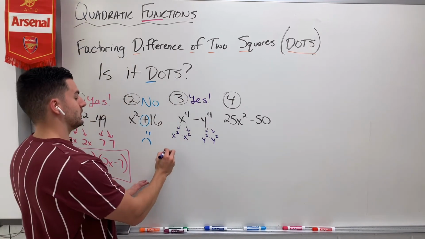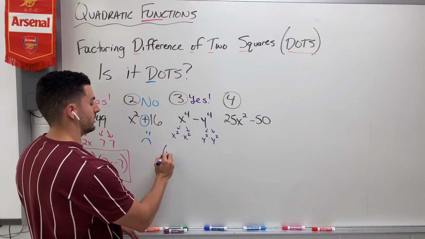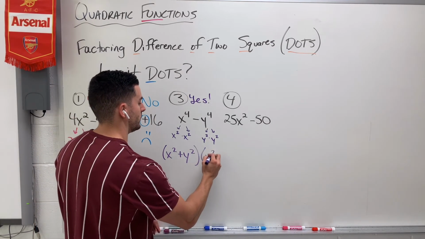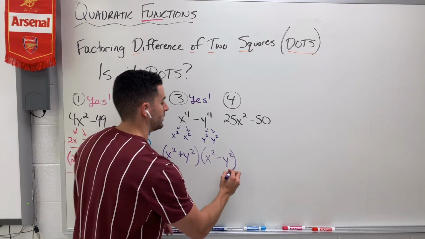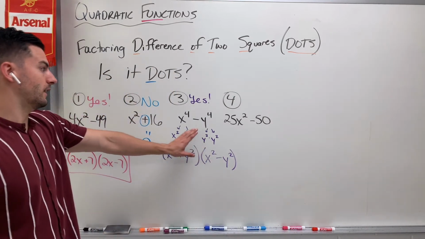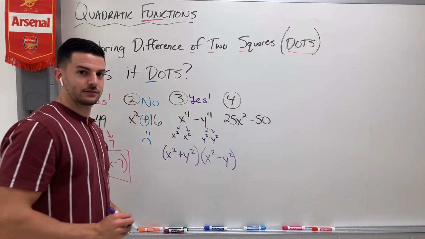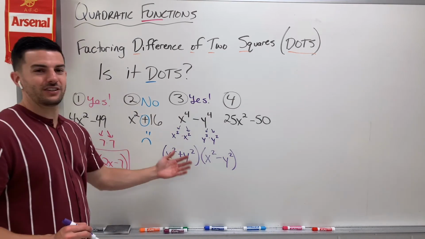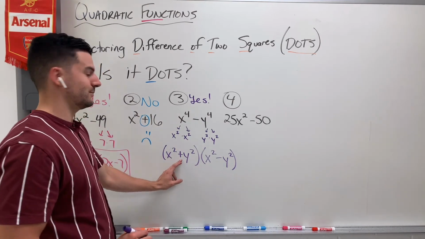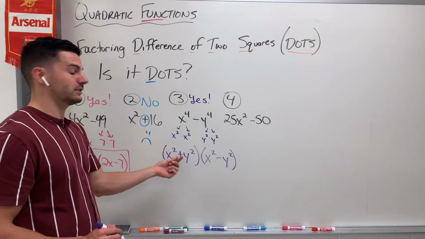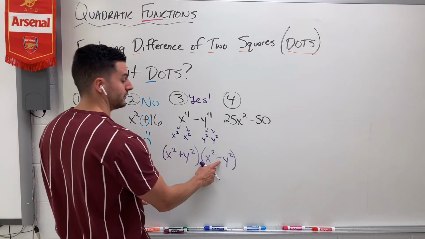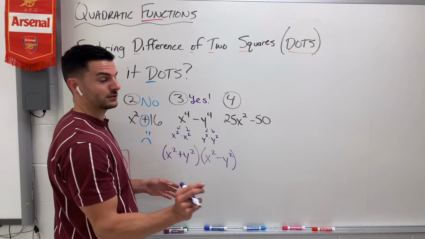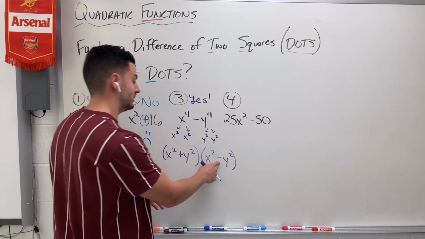Get ready. So this, I would write x squared plus y squared, and then x squared minus y squared. But hey, check this out, okay? Double dots, double dots. Because look, x squared plus y squared, I can't do anything with that because it's not subtraction. Even though these two are perfect squares, I can't do that. But look at this guy. X squared minus y squared. Still two perfect squares and subtraction. So what do you know?